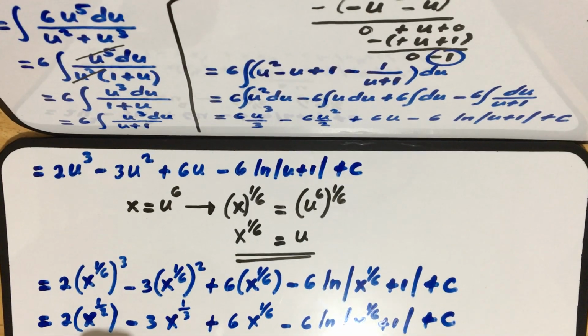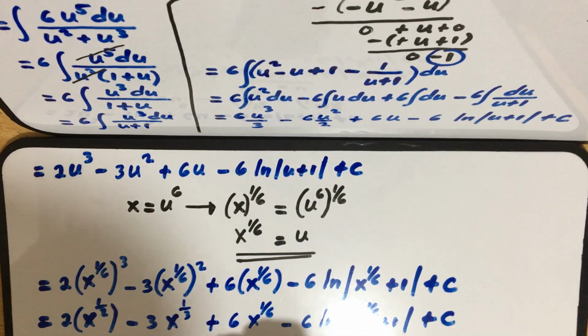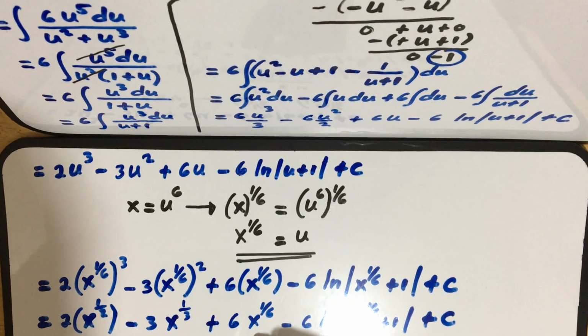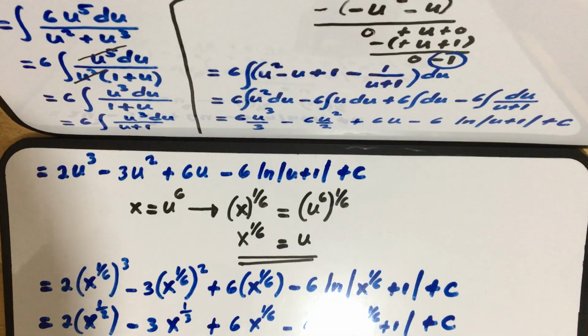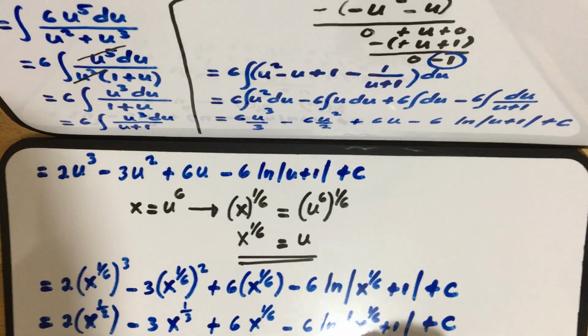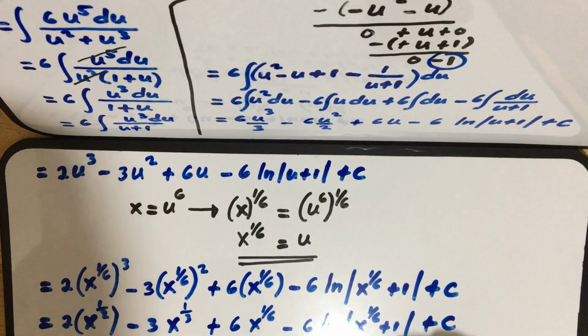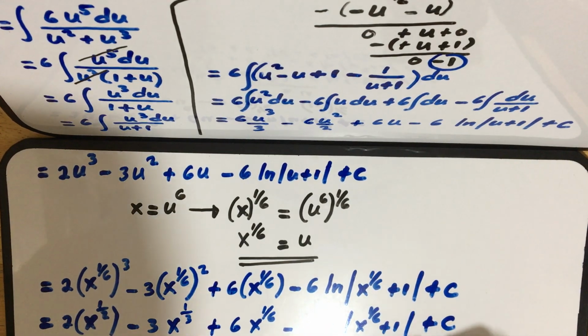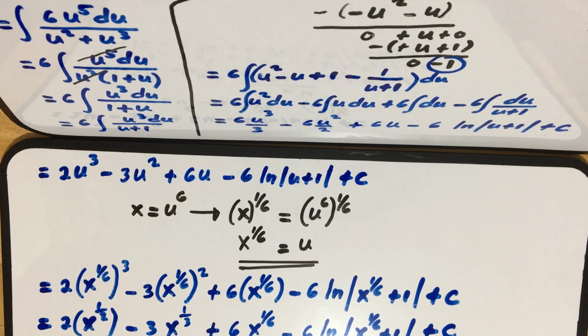So we can rewrite this as 2 times the square root of x, minus 3 times the cube root of x, then plus 6 times the 6th root of x, then minus 6 times ln of the 6th root of x plus 1, then plus c. So this is our final answer.